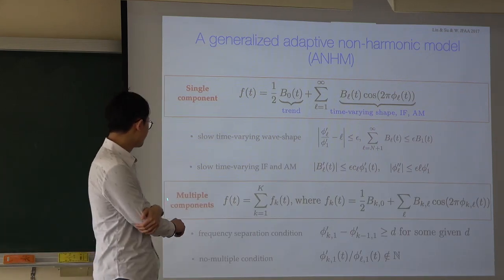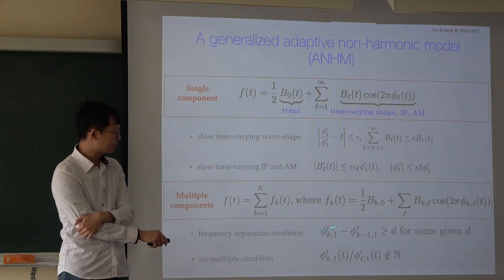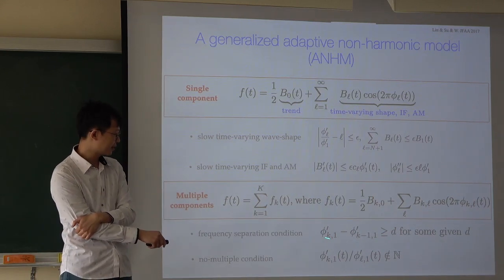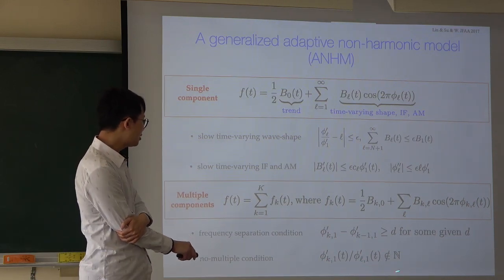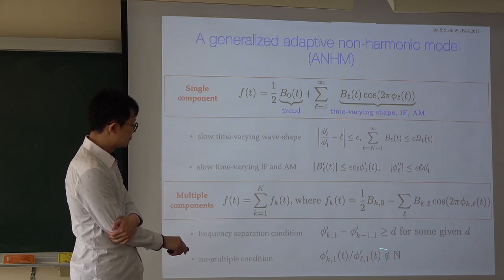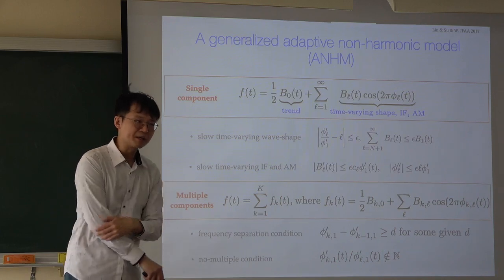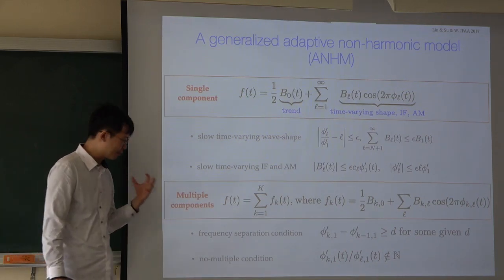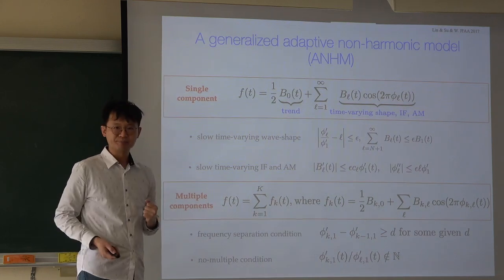And we have multiple components, then we need, again, like before, some kind of separation of instantaneous frequency. And we need that the fundamental frequency of different components will not be integer related, will not be related with integer multiples.